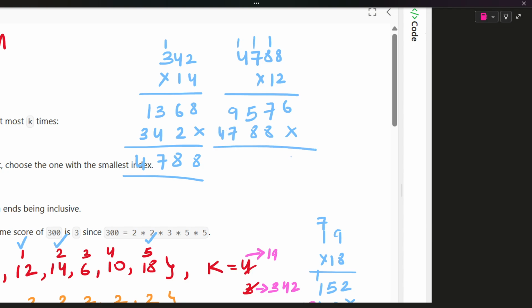We just sum it up, so this becomes 6. 7 plus 8 becomes 15. 15 comes here. 8 plus 6 is 14, and we have 17 here, and we have 5.